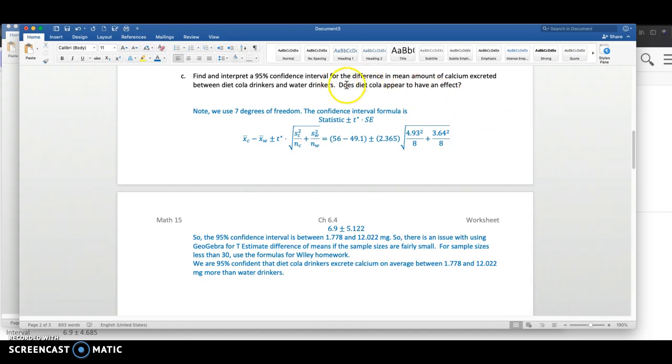So does Diet Cola appear to have an effect? Diet Cola does appear to have an effect on calcium excretion.